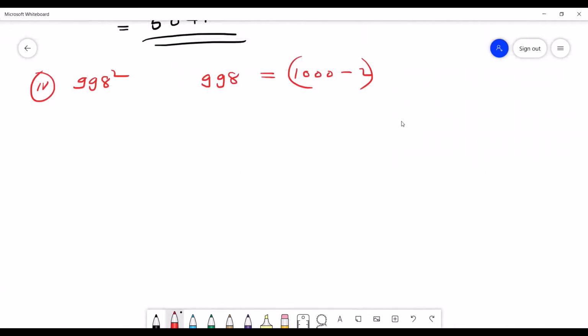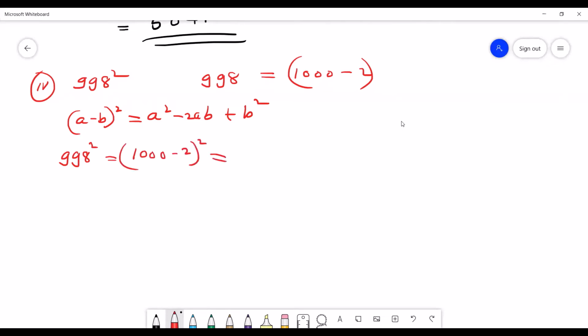So here we are going to apply the identity, that is a minus b whole square is equal to a square minus 2ab plus b square. So 998 square is equal to 1000 minus 2 whole square, that is 1000 square minus 2 into a means 1000 and b means 2, plus b square, that is 2 square.